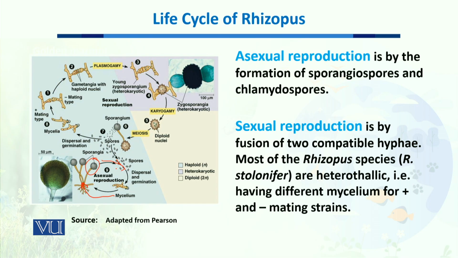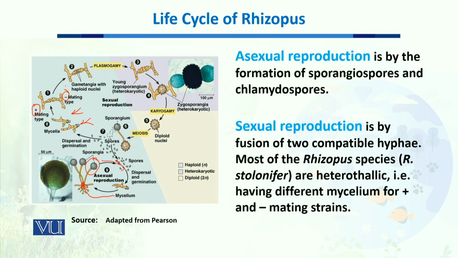conditions. But when we talk about sexual reproduction, what happens is that two hyphae from different mycelia come close to each other. For example, one mating type we can call plus, and the other mating type we can call minus.